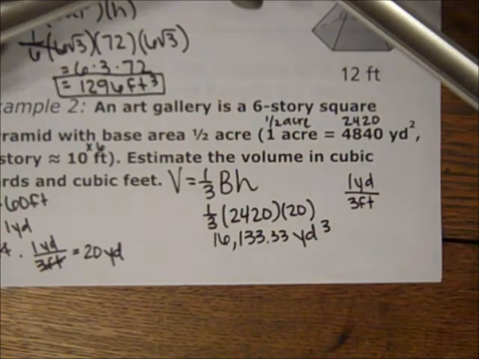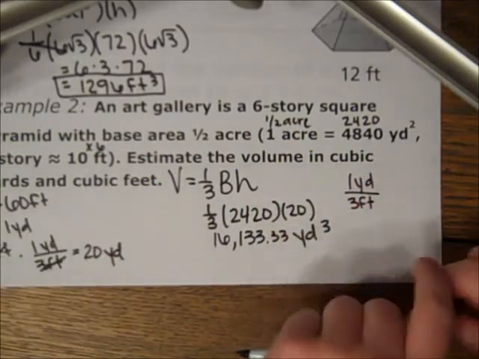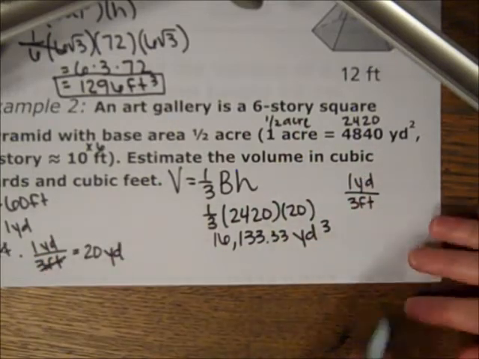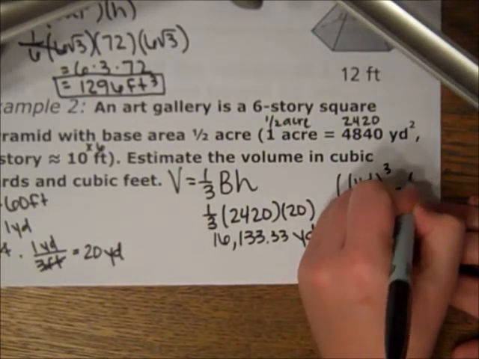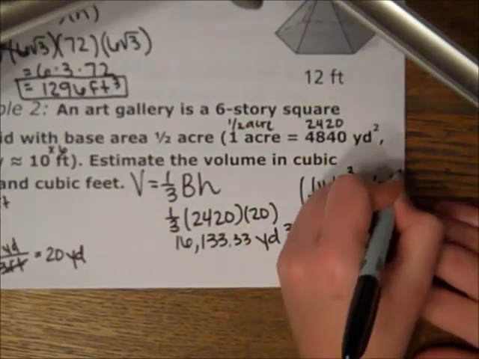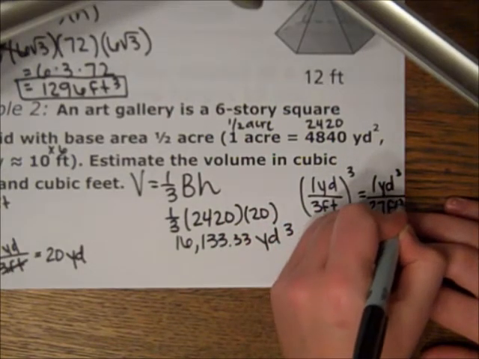But we're talking about cubic yards into cubic feet. So we're going from measuring perimeter yards and perimeter feet to volume, so we actually have to cube this scale factor. So this would be 1 yard cubed over 27 feet cubed.